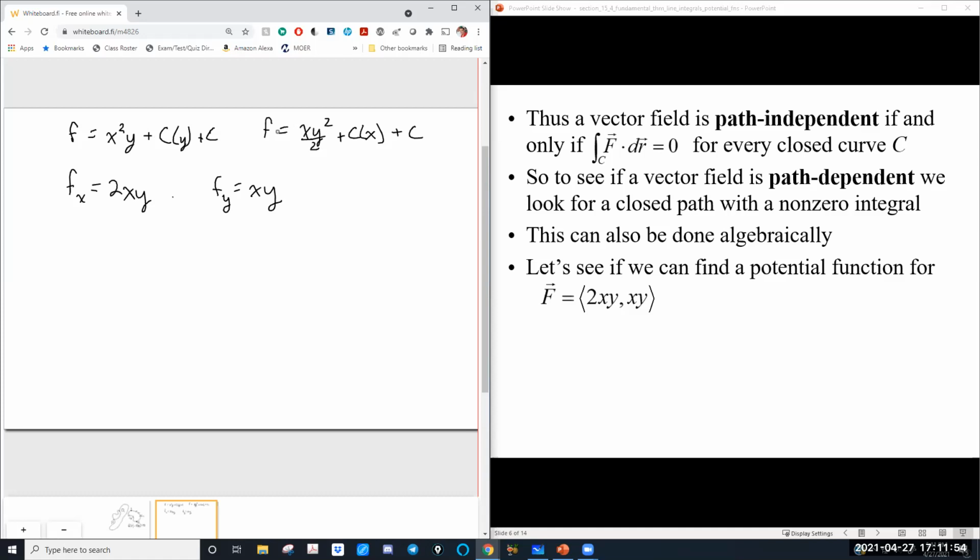If there is a potential function, those interactive terms must be the same. Because we have xy squared over 2 here and x squared y here, there's no way we're going to be able to find a potential function for both of these. So that tells us that what we have is not a gradient field, and therefore this is a path-dependent vector field.